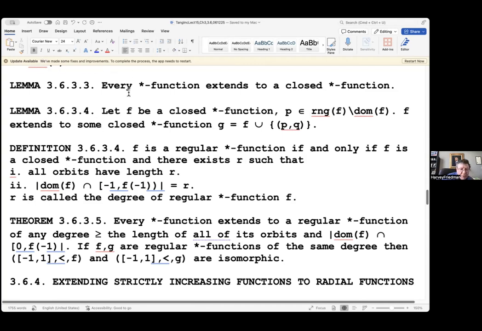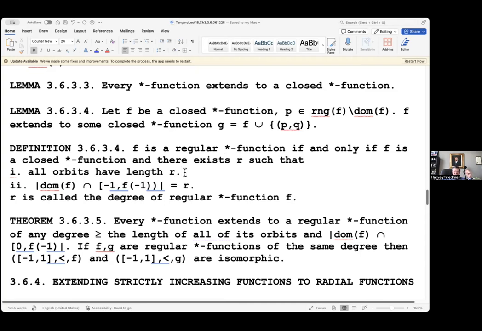All right, now there's a notion of regular star function. A regular star function is a star function where it's not only closed, but the orbits all have the same length.